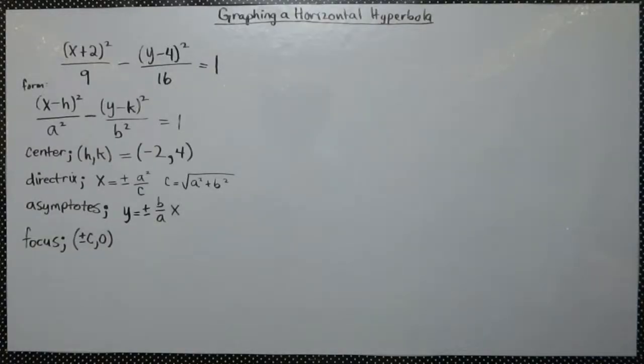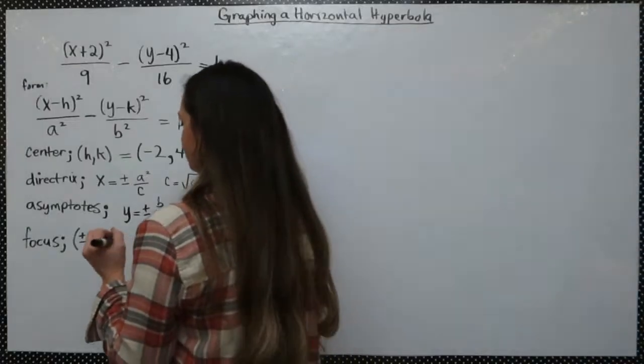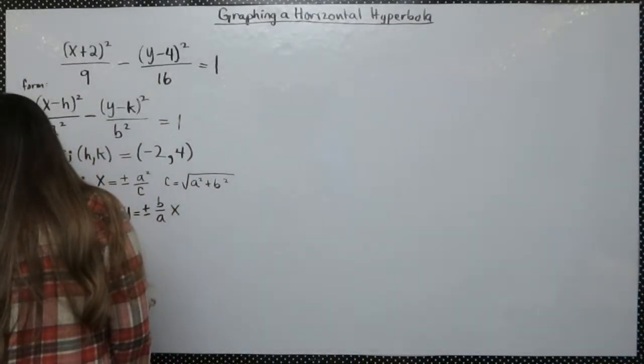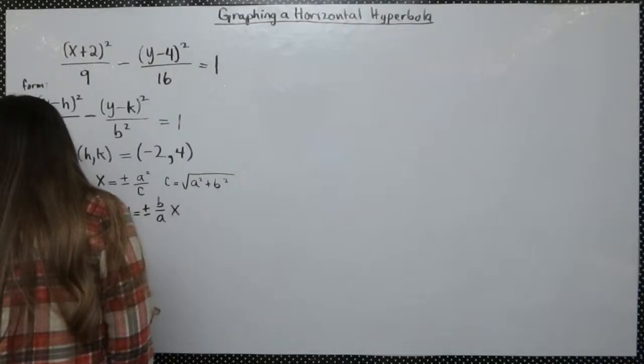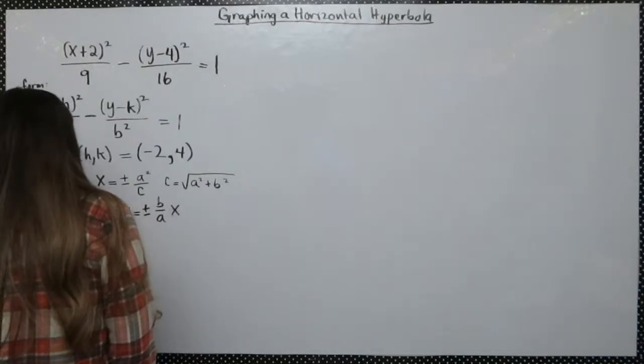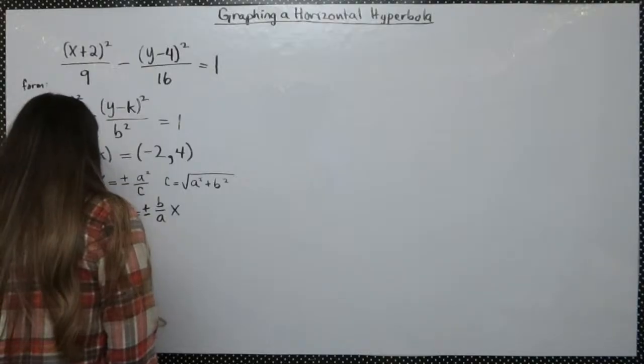Then the other value we have to find is the vertex, which is at plus or minus a, comma 0.